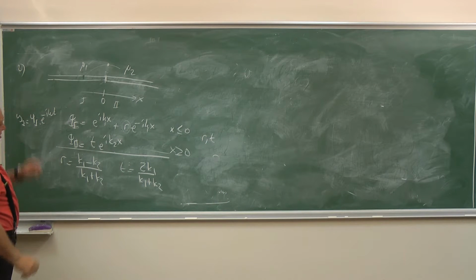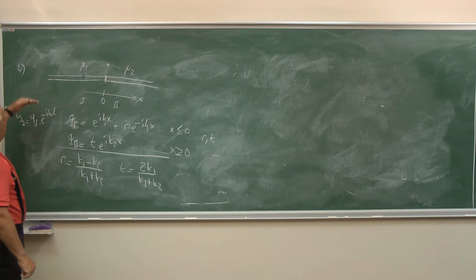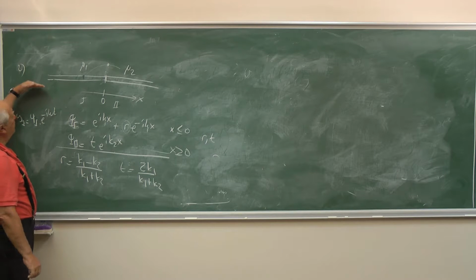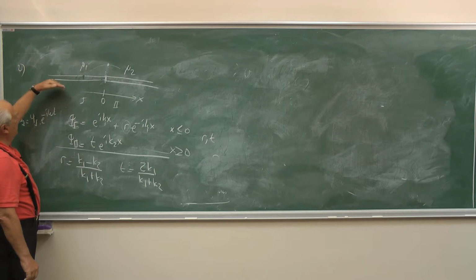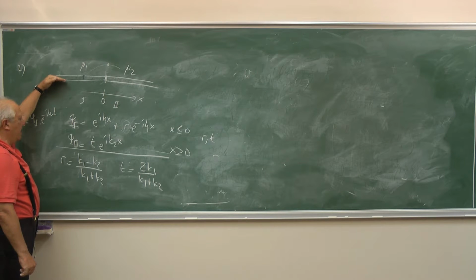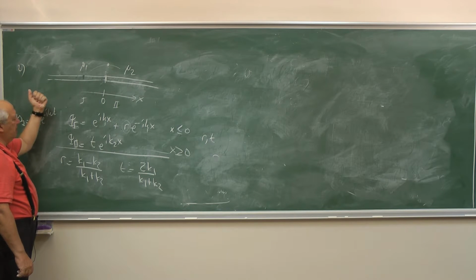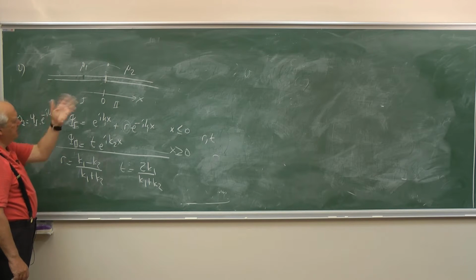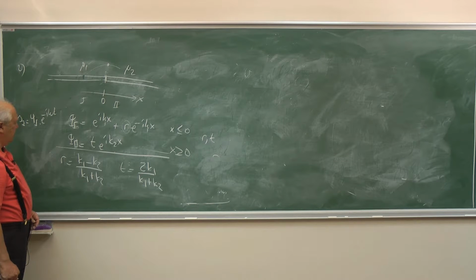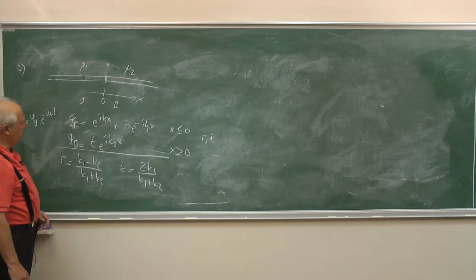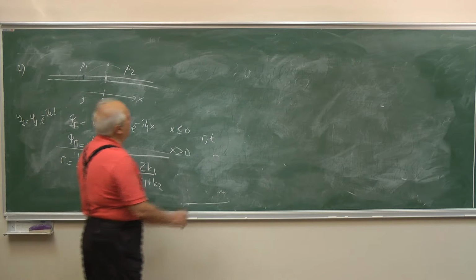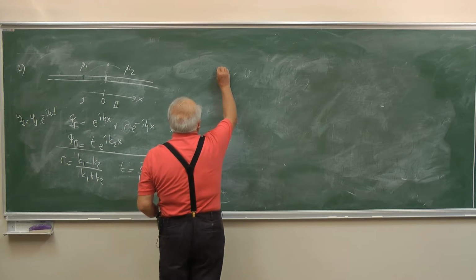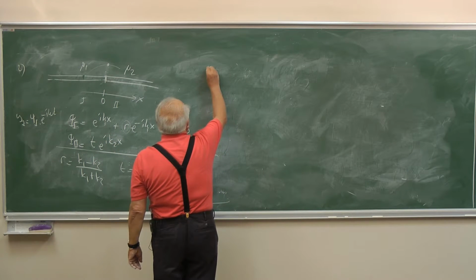But we have not answered the question yet. If I am sending energy per unit time along this to the right in the first string, how much of the energy is reflected back and what percentage of the energy is going ahead to the right? And for that I have to look at the time averaged energies.